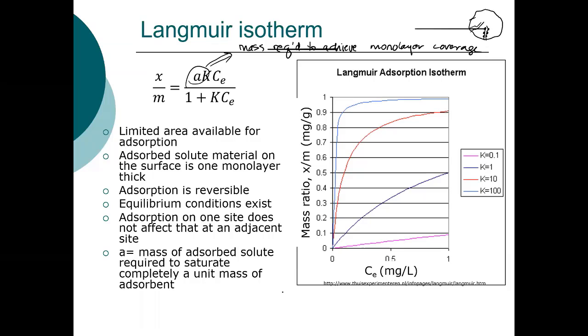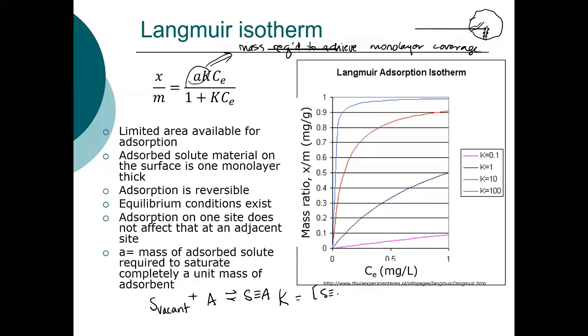This K is actually thermodynamically derived. So if we think of this as a vacant site on the sorbent that reacts with your chemical to produce a surface complex, this K is the equilibrium between the surface complex, the vacant site, and the chemical in solution.